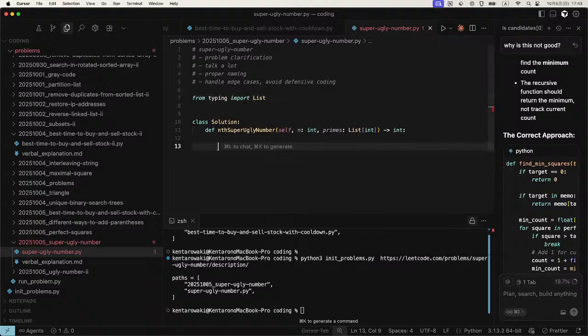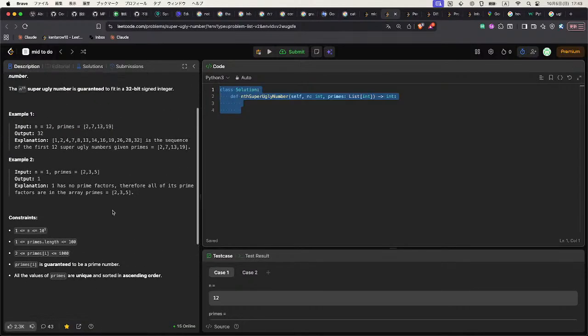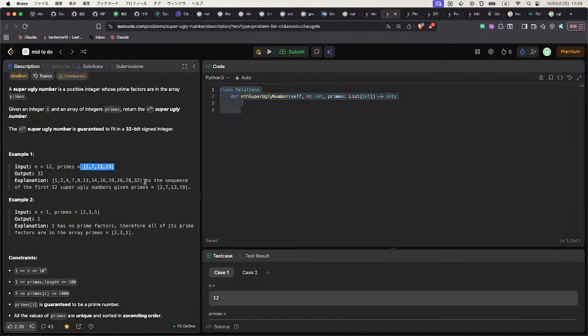But the basic strategy is generating these. This is also a kind of bottom-up solution, because we can make it like this.